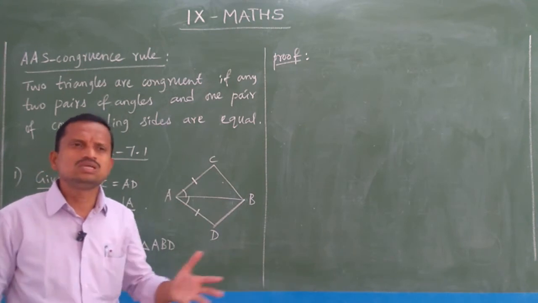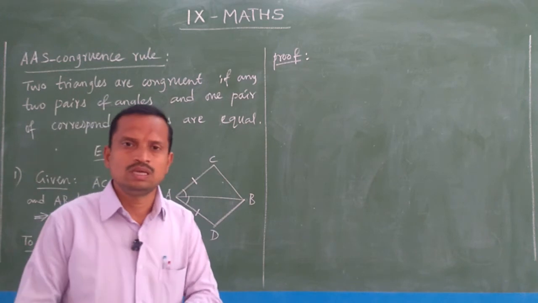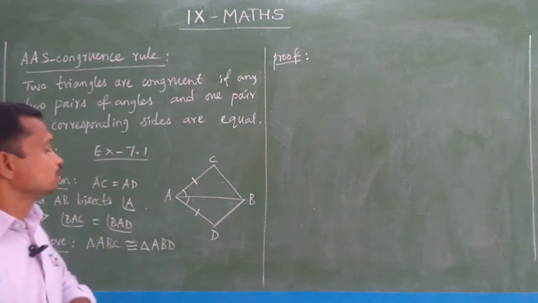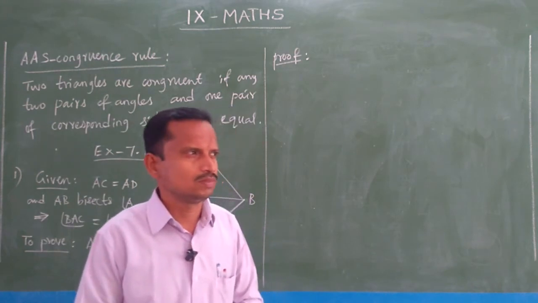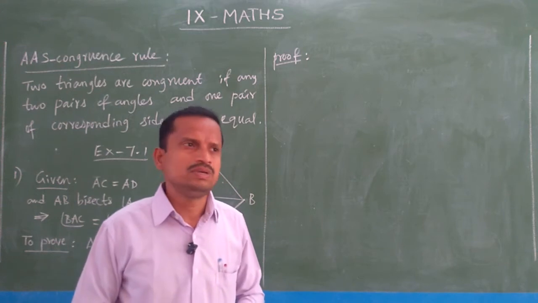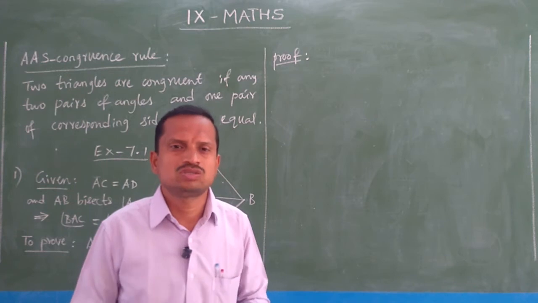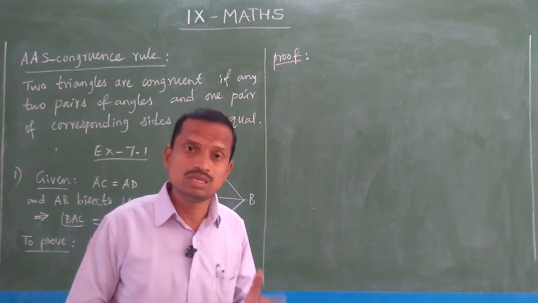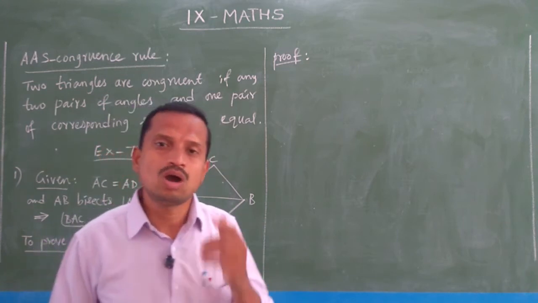Out of these three congruence rules, one is SAS, another one is ASA, and now AAS. All of these say that any three corresponding parts are needed to say the two given triangles are congruent.